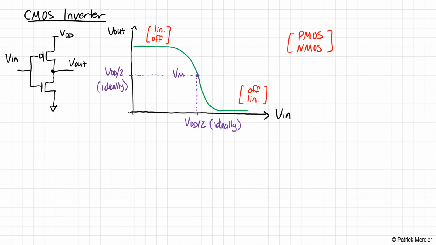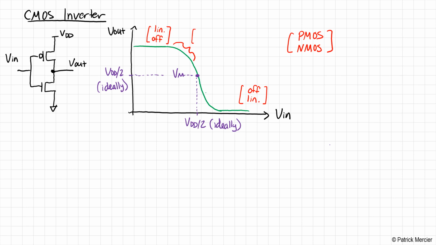Okay, so let's think about the region of operation in these areas here. Let's start here. In this particular case, Vin is still relatively low, but perhaps now we have exceeded the threshold voltage of the NMOS transistor. So VGS is larger than VT in this instant. What about VDS?